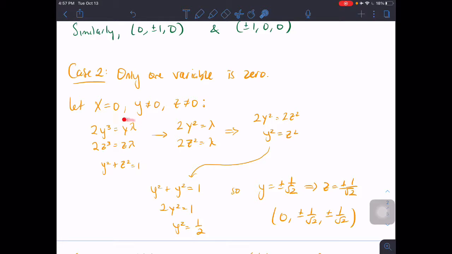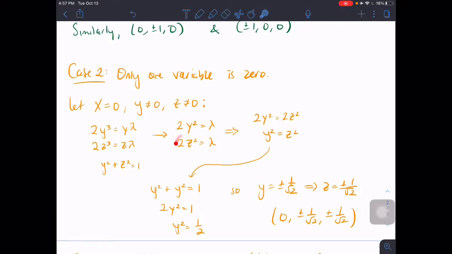So now I have to solve this smaller system. But we assumed that only x was 0, and so y and z are not 0. And so now I can isolate lambda because I can divide by y and z since we know they're not equal to 0.